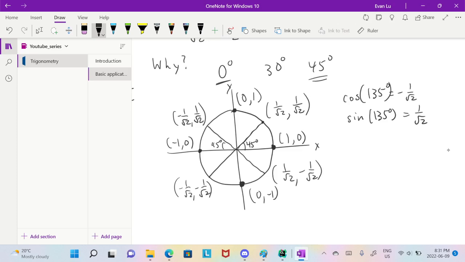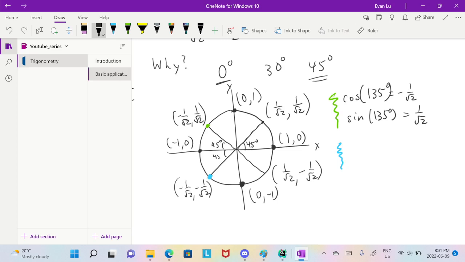Now we can ask ourselves, well, what is the angle of rotation for this point? Let's say the blue point. Let's label the points actually. So this is green, blue.